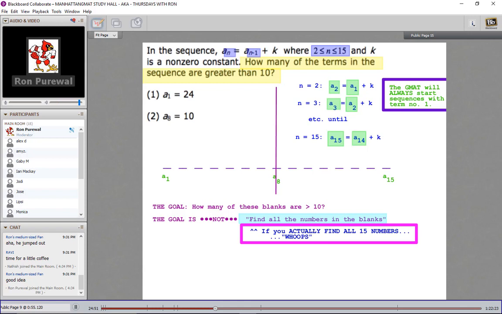Well, if it's statement 1, remember, if you get 2 different answers to this, that's not sufficient. One way that you can do this is to let that be 24. What's one way that you could make the sequence for statement 1?